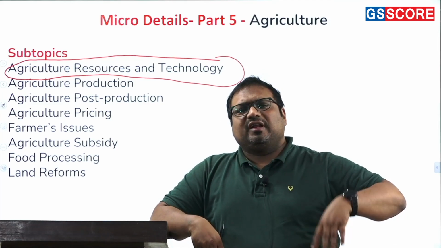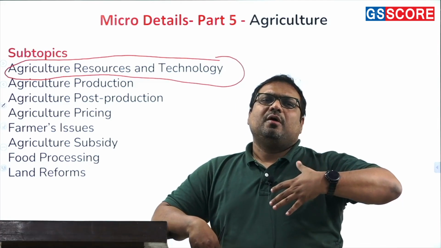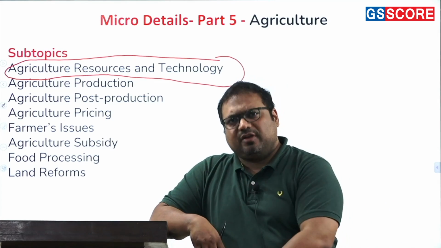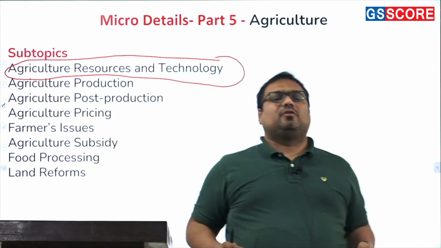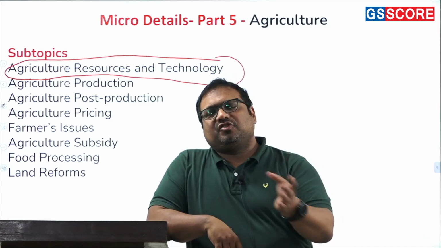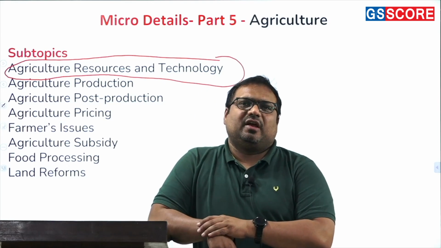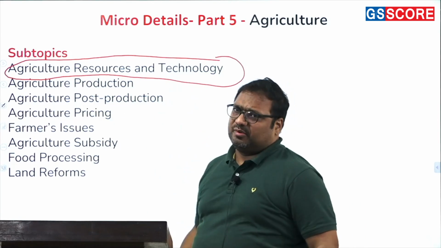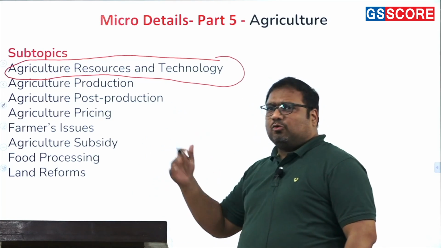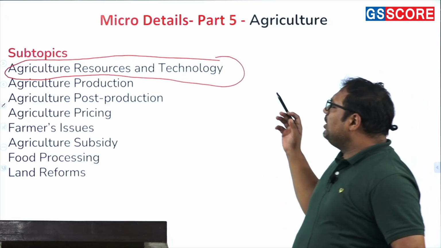You do not have to study this necessarily in economics; you may learn a bit in science and technology, environment, and geography also. But you need to have that knowledge. What is the resource base of India, in which area, which type of crops we have. This maps to the cropping pattern area of the syllabus also. And what other resources are there, you need to be aware of that.